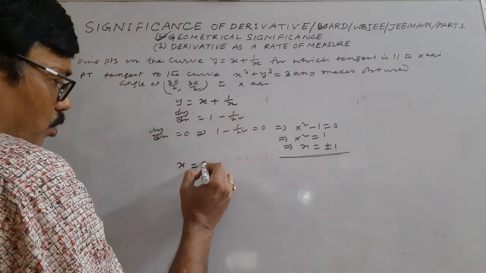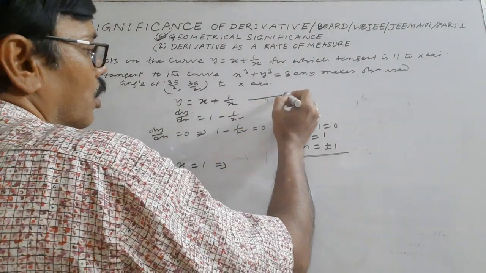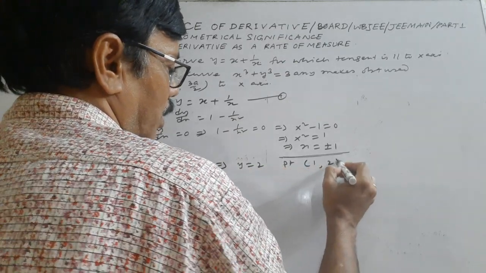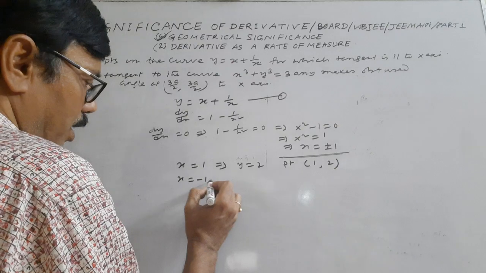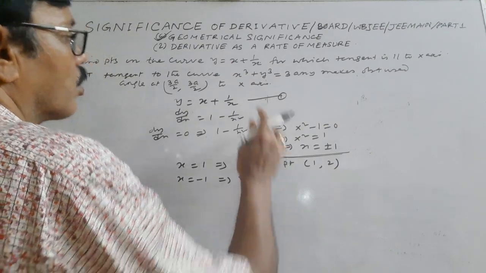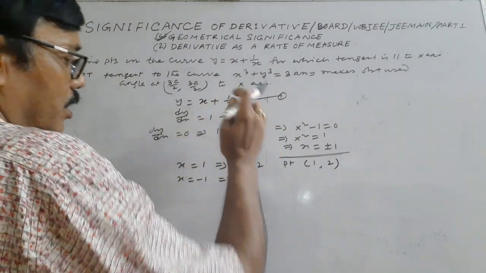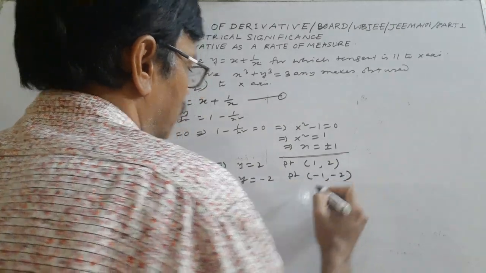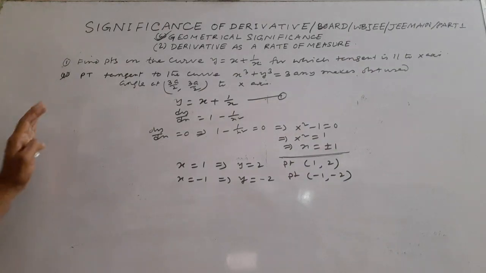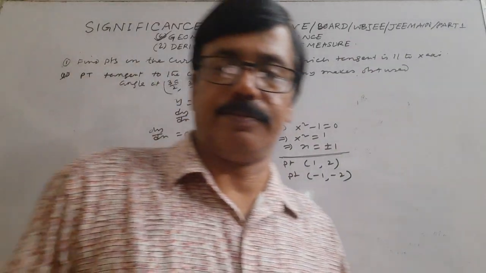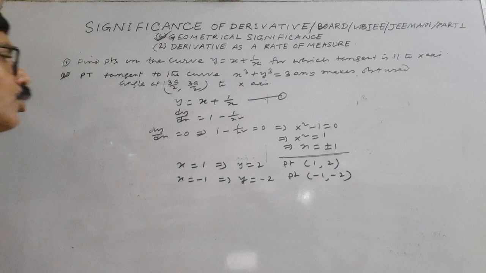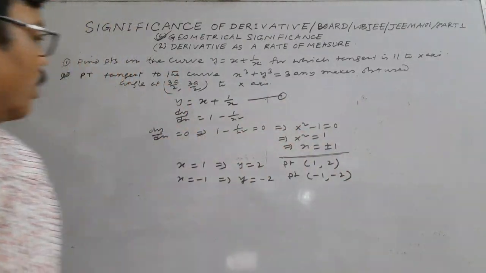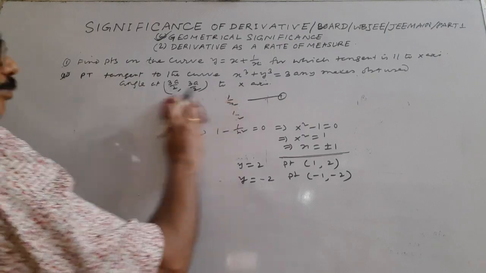For x equals 1, y equals 2, so the point is (1, 2). For x equals minus 1, y equals minus 2, so the point is (-1, -2). Very simple: find dy by dx, make it 0, and you get x and y.